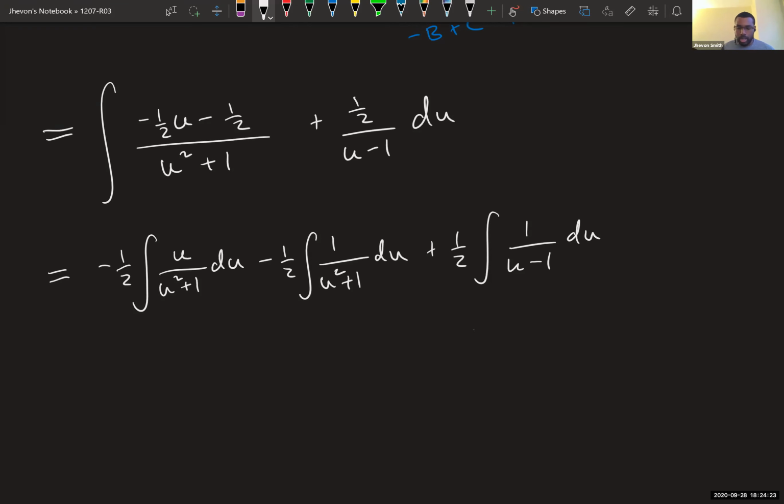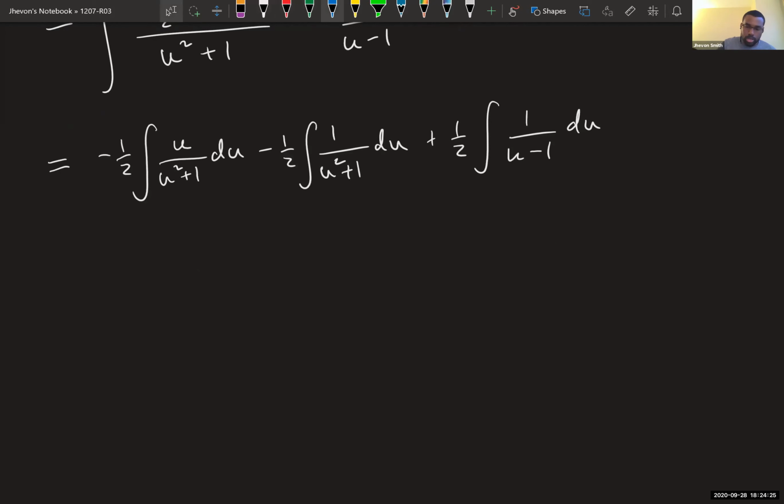However, if I split it up, then I can do a substitution here, like a t equals u squared plus 1 substitution. And eventually I would get that this would just be 1/2 times ln of u squared plus 1. No, you're right. I did that. I didn't see it on my work. I confused that integral with the next one. Okay.